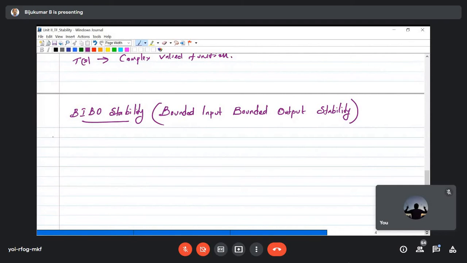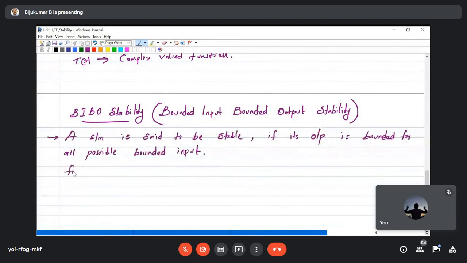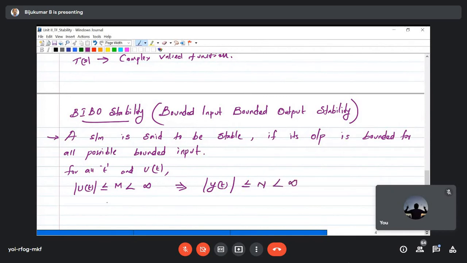In other words, for all t, with u of t the input, if the magnitude of u of t is less than or equal to m, less than infinity, we should have an output y of t less than or equal to n, less than infinity, where n and m are finite real numbers.